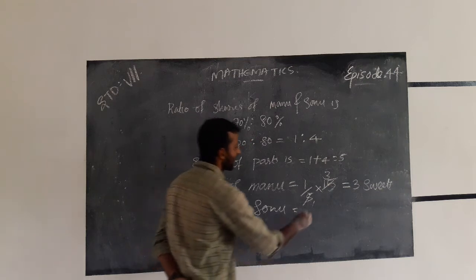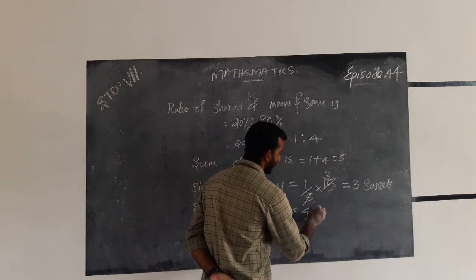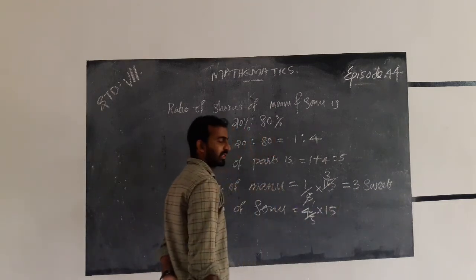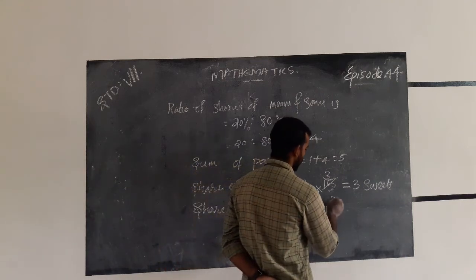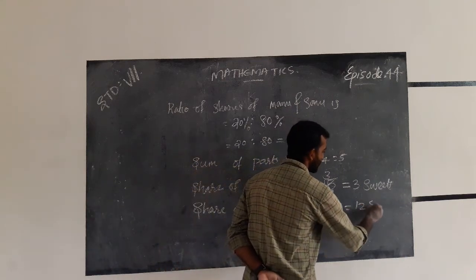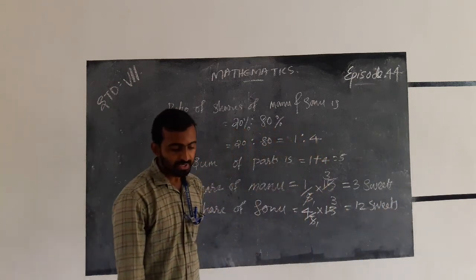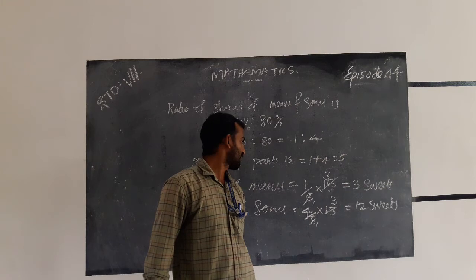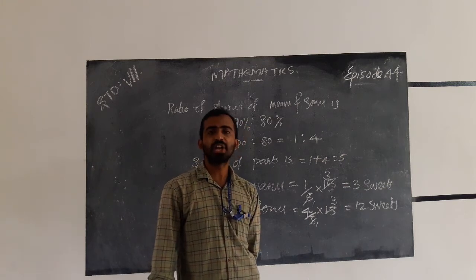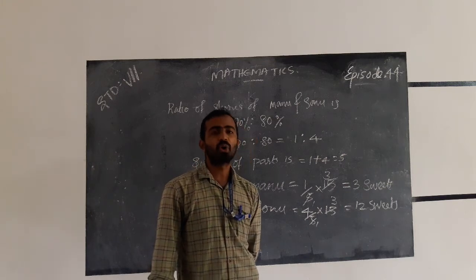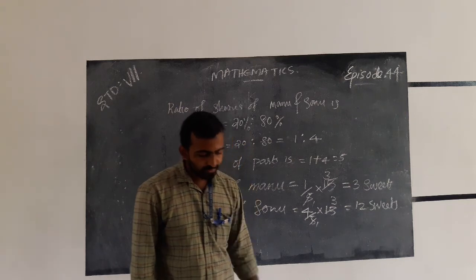That is 4 by 5 into 50. Here we get 4 into 3, total 6. So the share of Manu is 3 seats and the share of Sonu is total 6.